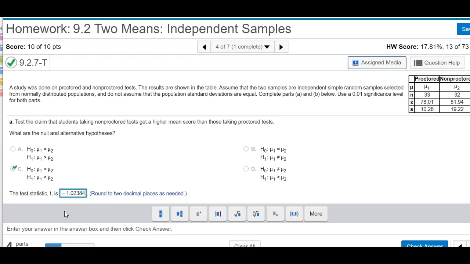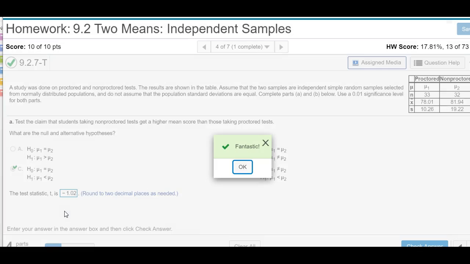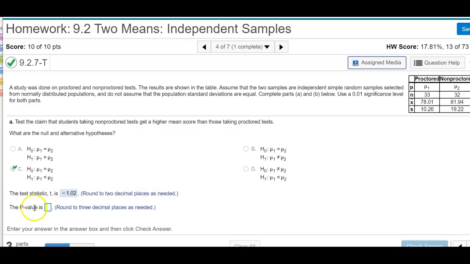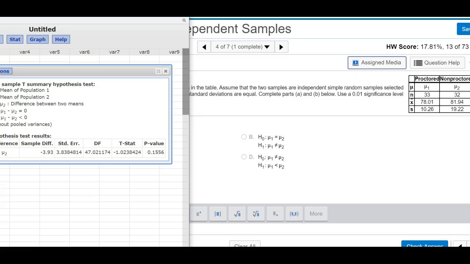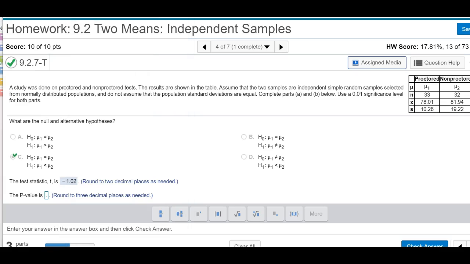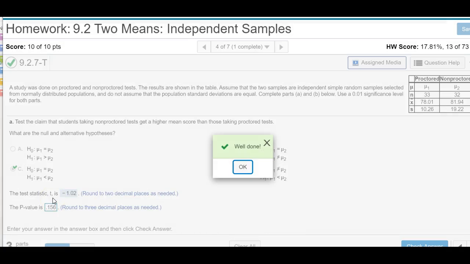Rounding to 2 decimal places, I get minus 1.02. The P value is already given in the calculator: 0.1556, which rounds to 0.156 at 3 decimal places.